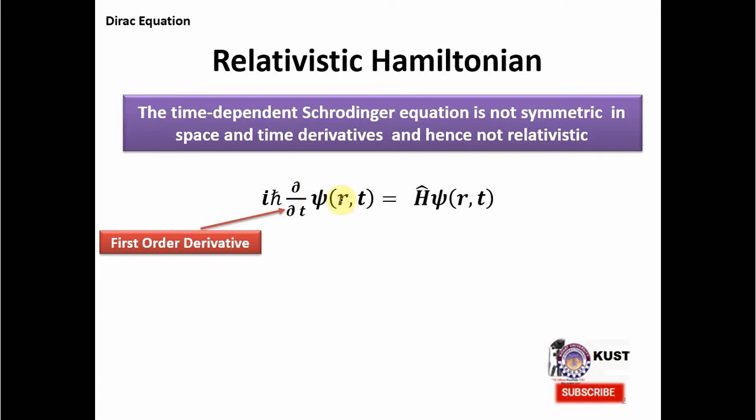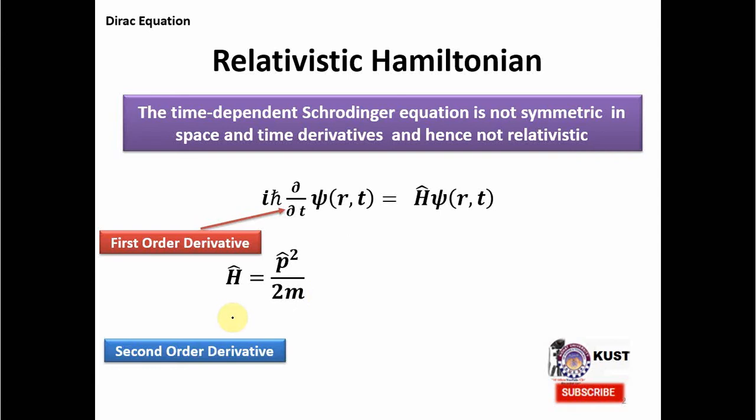But on the other hand, on the right hand side, there is a Hamiltonian acting on the wave function, and this Hamiltonian is equal to p square by 2m in the case of the free particle. We see that there is already a second order derivative involved in the Hamiltonian, through p, and p is the momentum operator.